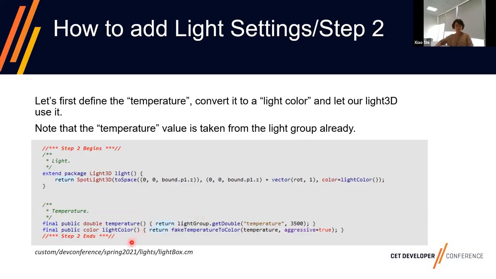And then you will have some color method, and this has a helper method to turn the temperature into an RGB color. And then when you return your light 3D, you assign this light color. Here's a parameter that you can assign to, which is called color. So you just assign this to the color, and you will successfully bind the temperature to your light 3D.